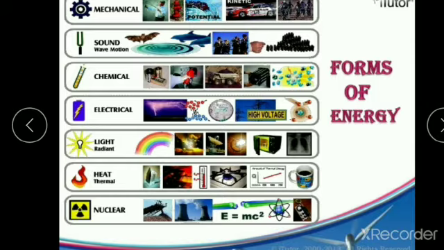So we have seen the different forms of energy like mechanical energy, sound energy, chemical energy, electrical energy, light energy, etc. Right? From the beginning of time, people have used the resources of the earth. What is a resource? Anything that is essential for living or which makes our lives easier is called a resource.